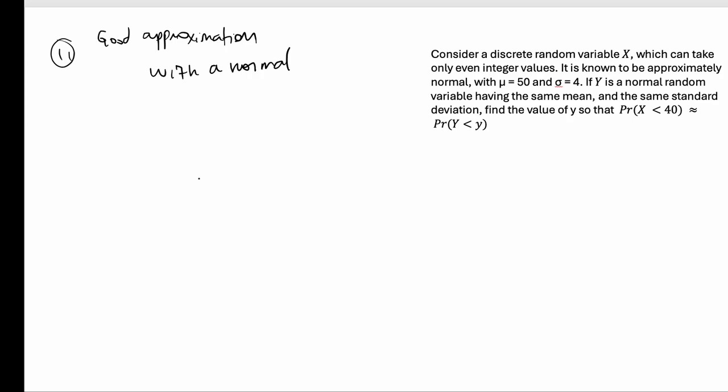The last item of our recap, it's item 11. It's the same item as item 9, good approximation. It's exactly the same thing. It's just now it's with the normal. Okay? So let's practice again with an exercise, but it's the same thing. It means that in the continuous world, so in the green world, you have a histogram that looks like a normal.